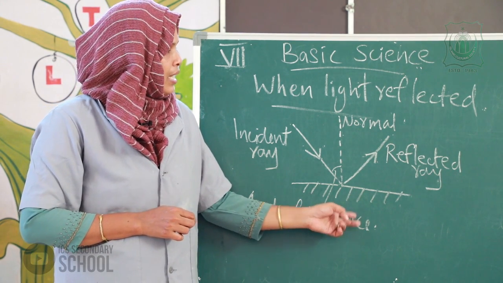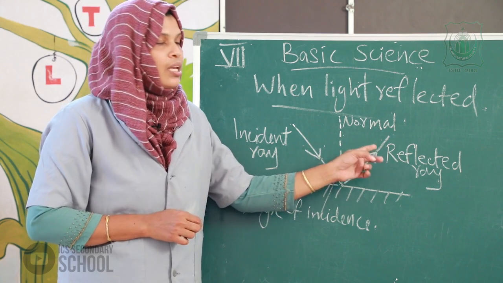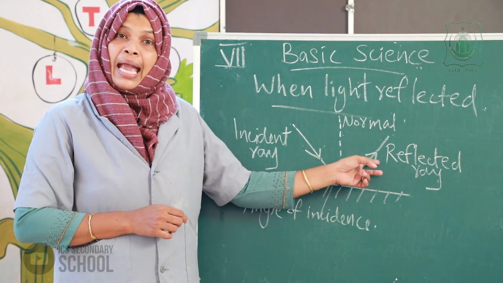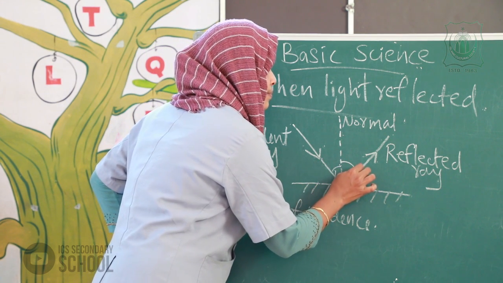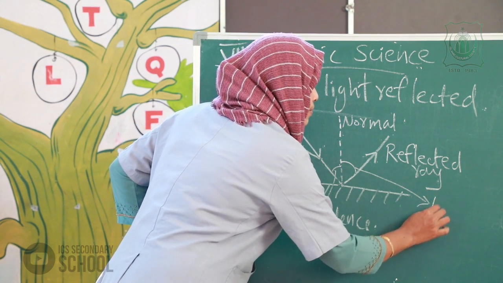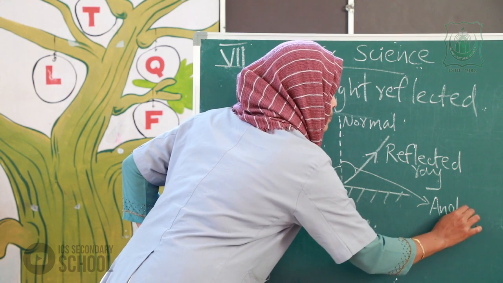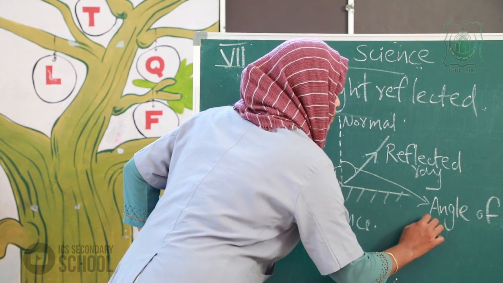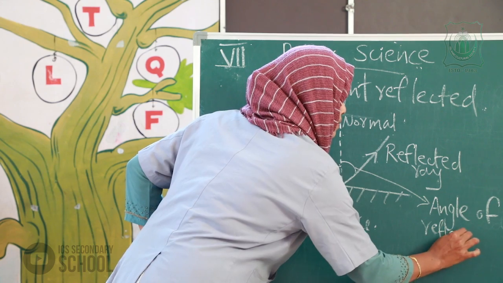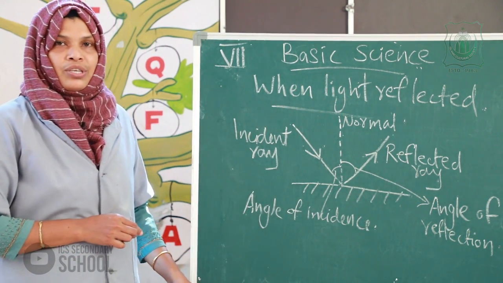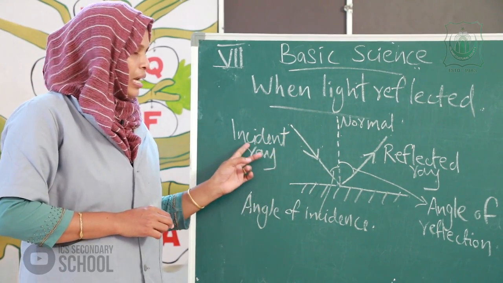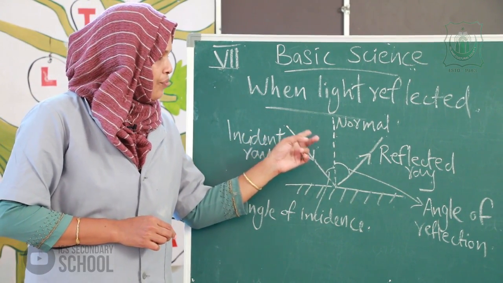What is meant by the angle between the normal and the reflected ray? Angle of reflection. First one, the incident ray: the light ray that falls on the mirror.